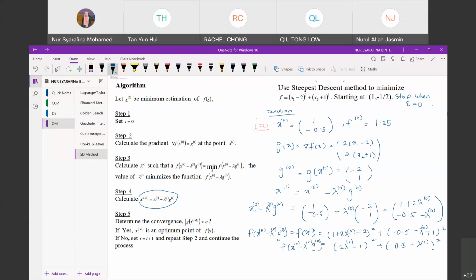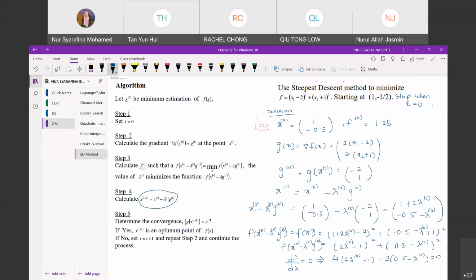By differentiating f with respect to lambda and setting it equal to 0, which gives you 4 times (2 lambda naught minus 1) minus 2 times (0.5 minus lambda naught) equals 0.